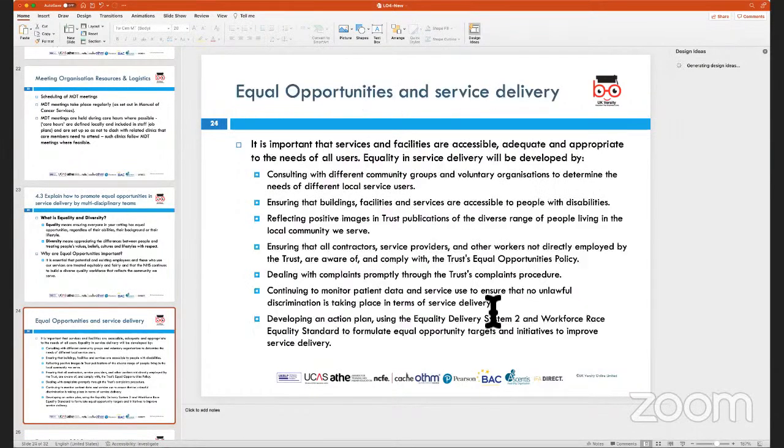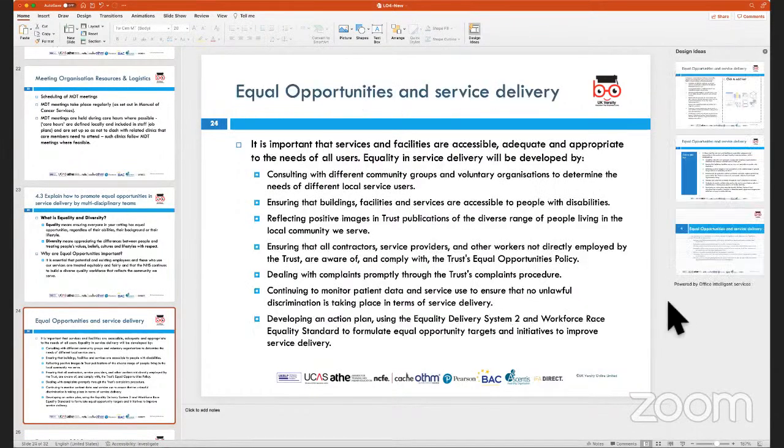Now, when we talk about equal opportunities within service delivery, it is important for us to understand what we mean by equal opportunities. Equal opportunities here would mean that when we deliver patient care to members of the public, there are no ways in which any form of discrimination tends to happen when this care is being provided.